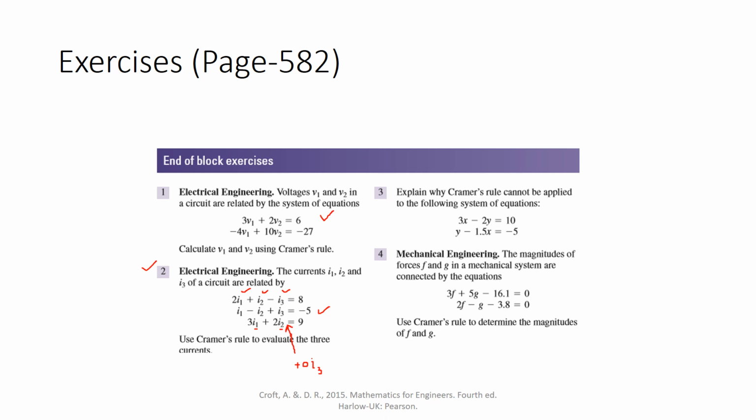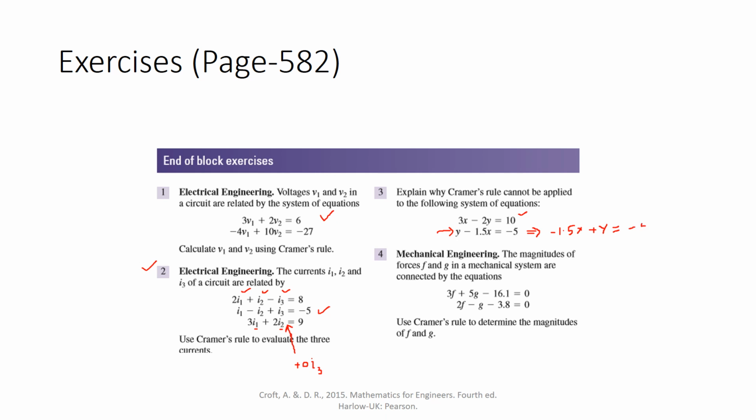When you come to this it is fine, but in the second one there is a little trick. They have changed the order, so order is very important in matrices. So minus 1.5x plus y equals minus 5.